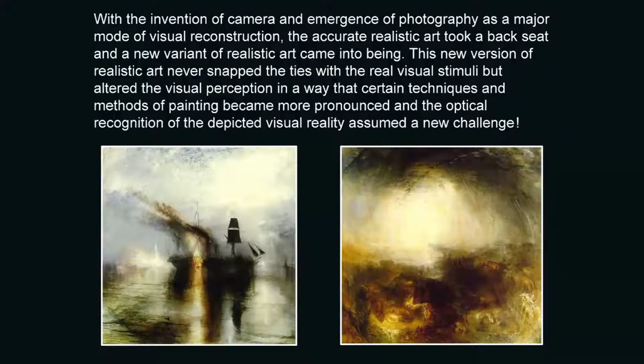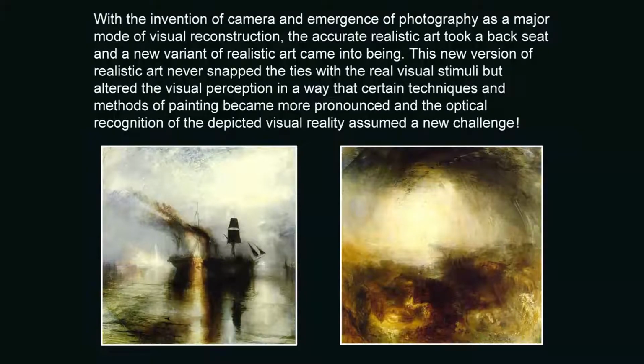This new version of realistic art never snapped the ties with the real visual stimuli, but altered the visual perception in a way that certain techniques and methods of painting became more pronounced than the optical recognition of the depicted visual reality.